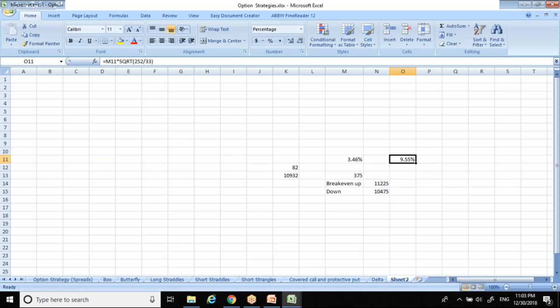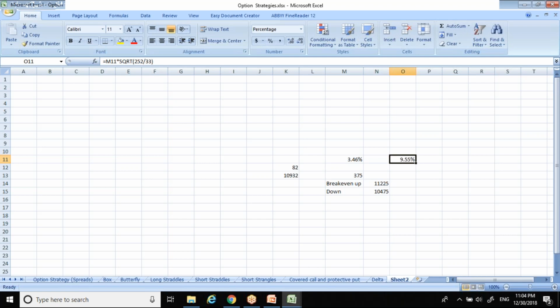So if you get into this position right now, there is a high possibility that you will end up making some profit, because volatility is higher than the required volatility to meet the break even.